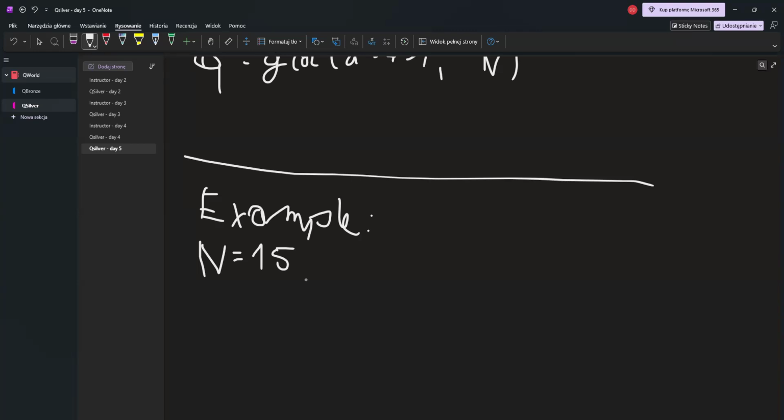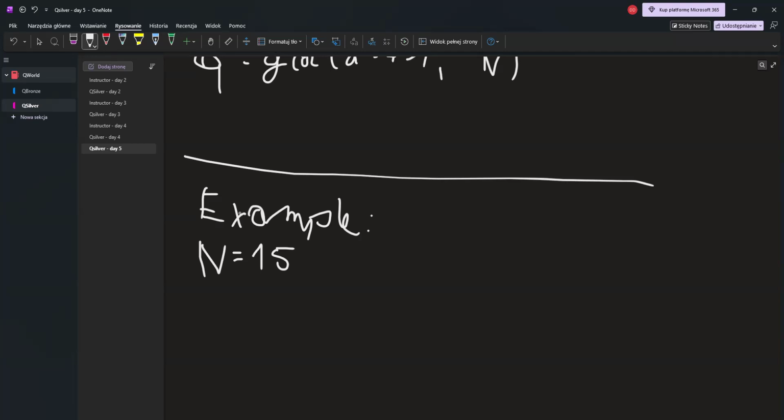Of course you can factorize it in your head, using your brain. You don't need a computer for that. But now let's imagine that this is some very big number, like a number that has 8,000 digits. So which is that big.